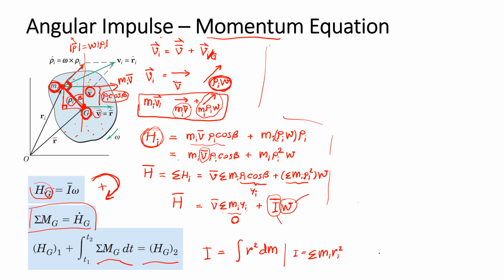If you have one single point here, at point O, and you have the mass m1, and the mass m1 has the radius r1 measured from point O, and if you have another mass, maybe m2, and mass m2 has the distance r2 from the point O.